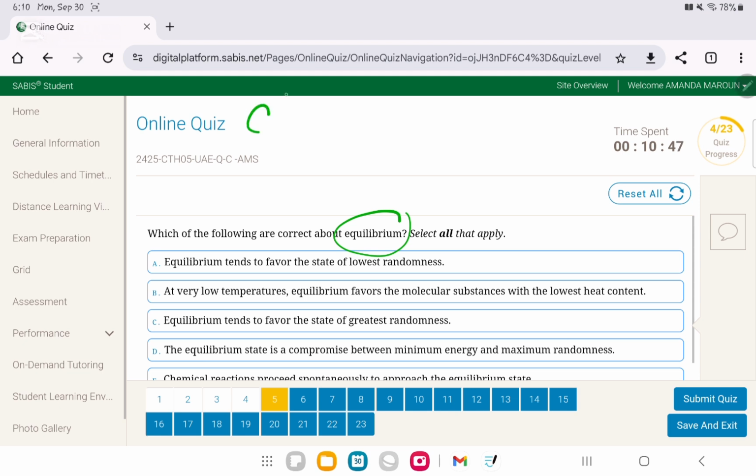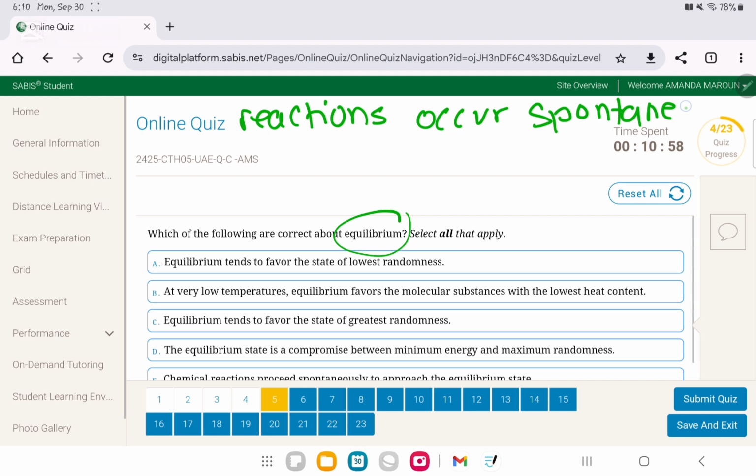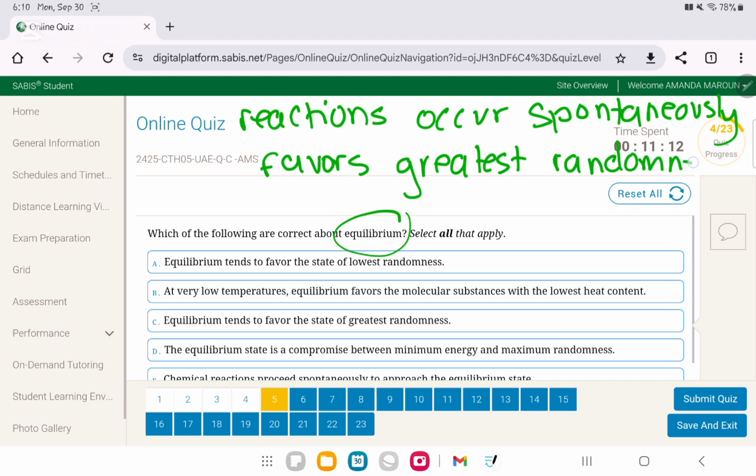We have the reactions occur spontaneously, or directly. Then we have it favors greatest randomness and lowest or least energy.